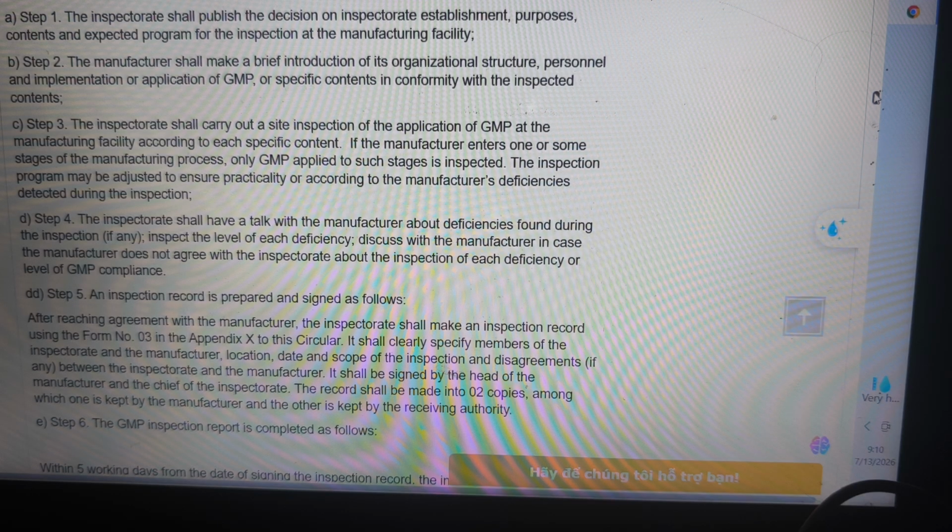The record shall be made into 2 copies, among which one is kept by the manufacturer and another kept by the receiving authority. Step 6. The GMP inspection report is completed as follows.